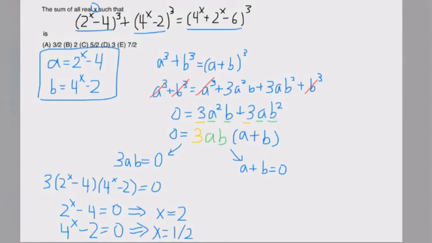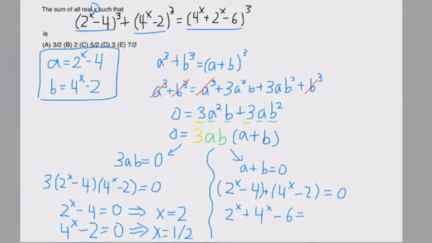Now let's take a look at the equation on the right. So a plus b is 2^x - 4 + 4^x - 2 = 0, so 2^x + 4^x - 6 = 0, and 2^x + 4^x = 6 if we add 6 to the right-hand side.